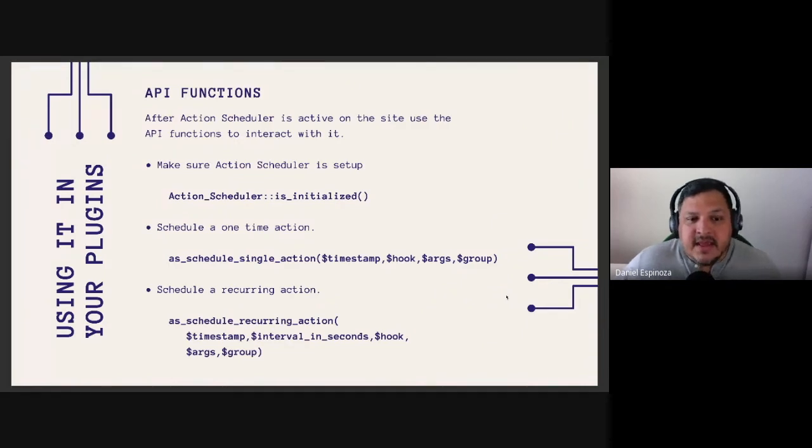And if it is, then you can use as_schedule_single_action along with a timestamp for when in the future you want the hook to fire, which hook to run, the arguments that you're going to send to the hook, and then optionally a group that it will be a part of.